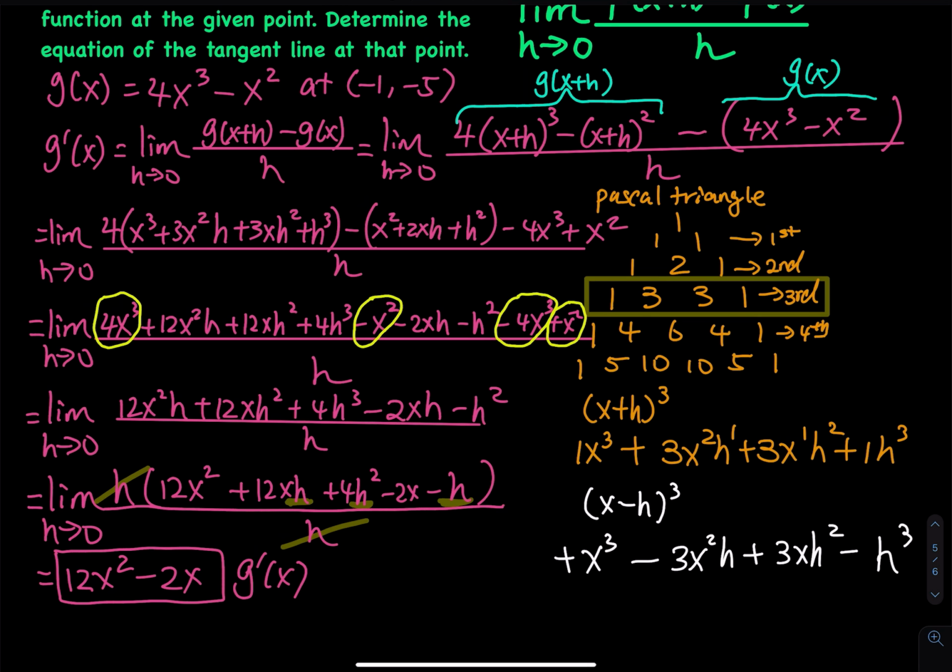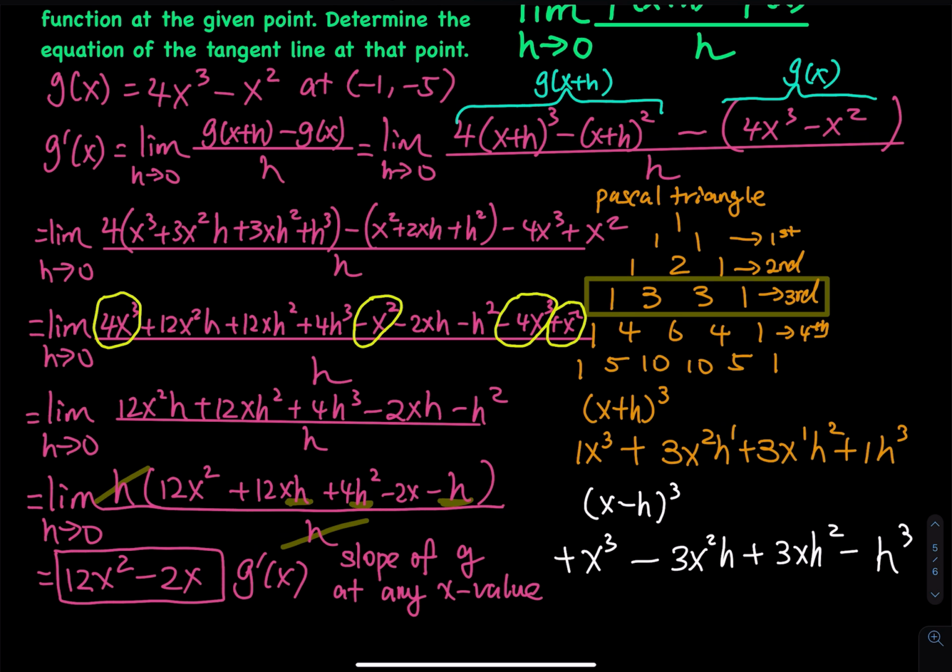So this g prime of x, listen, describes the slope of function g at any x value. So this g prime of x is the slope of function g at any x value. There is a variable, that means the slope is changing. So let's say you want to find the slope of function g when x is equal to 0.